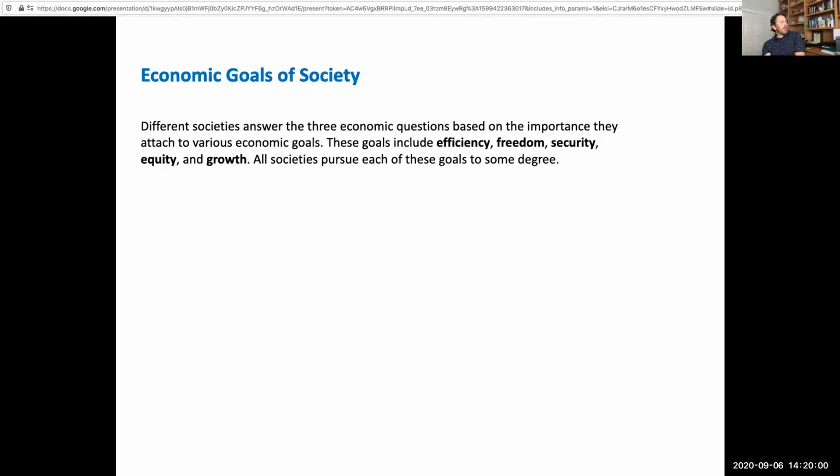Okay, the economic goals of society. Different societies answer the three questions based on the importance of certain goals. And these goals are always the same. Like they're almost implicit in any society that's going to go about taking care of itself, and it's going to be based on efficiency.